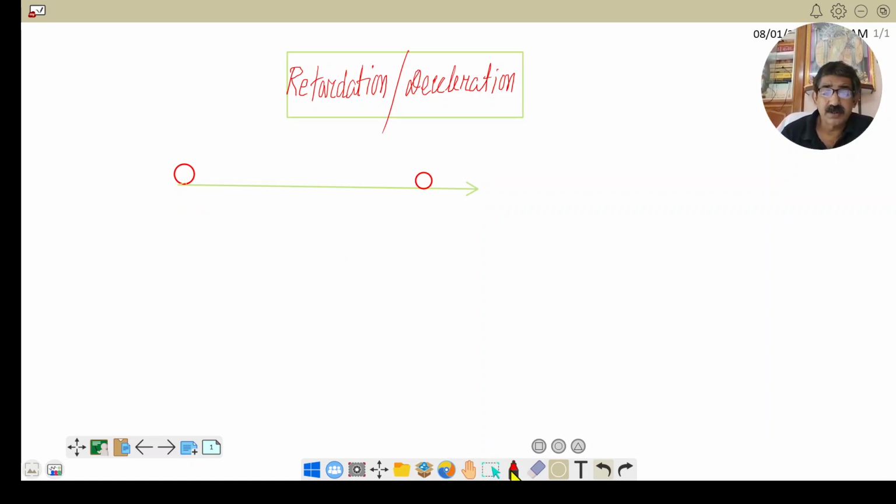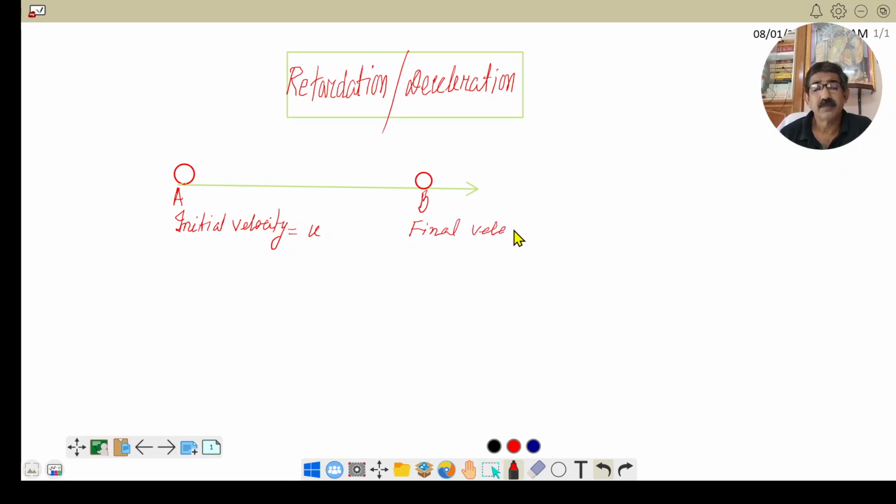Suppose the body starts moving from this point A with initial velocity u, and at this point B, the final velocity is equal to v, and if the body stops here, that means comes to rest, then final velocity is equal to 0.